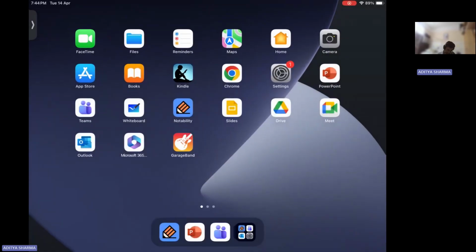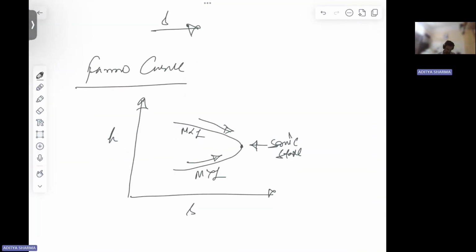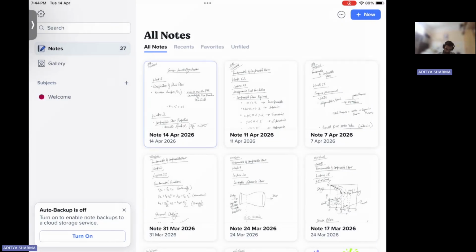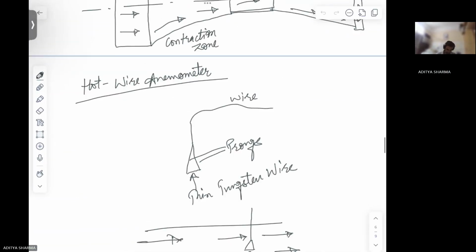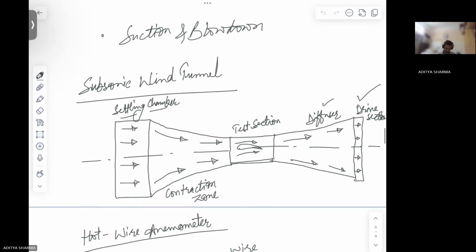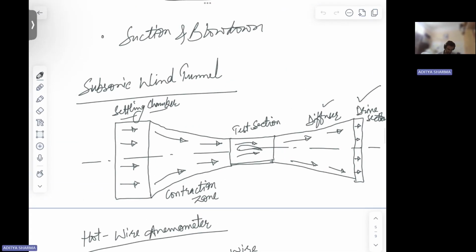And the setup we have seen of the subsonic wind tunnel is like this.